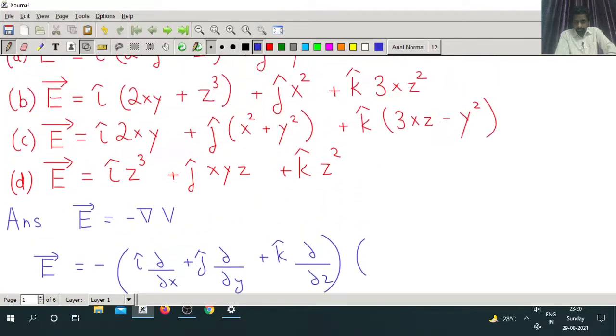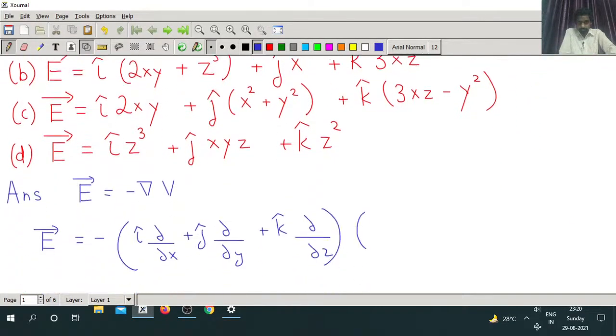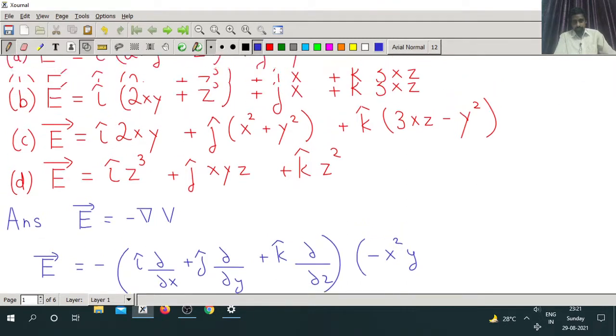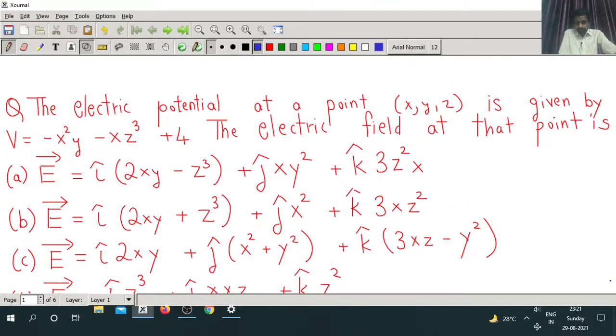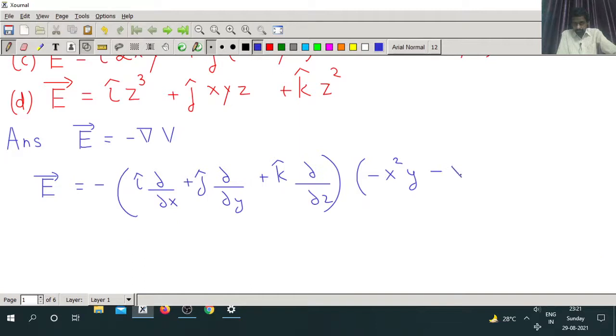The equation for electric potential is given, that is minus x square into y minus x into z cube plus 4.